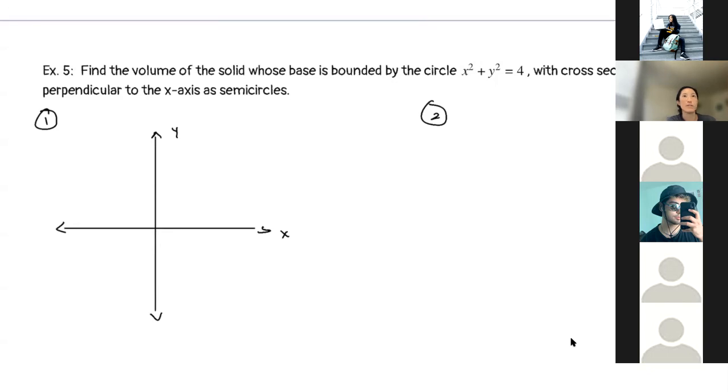According to our equation, what is the center? What is the radius of this circle? Center 0, 0, good. And the radius?